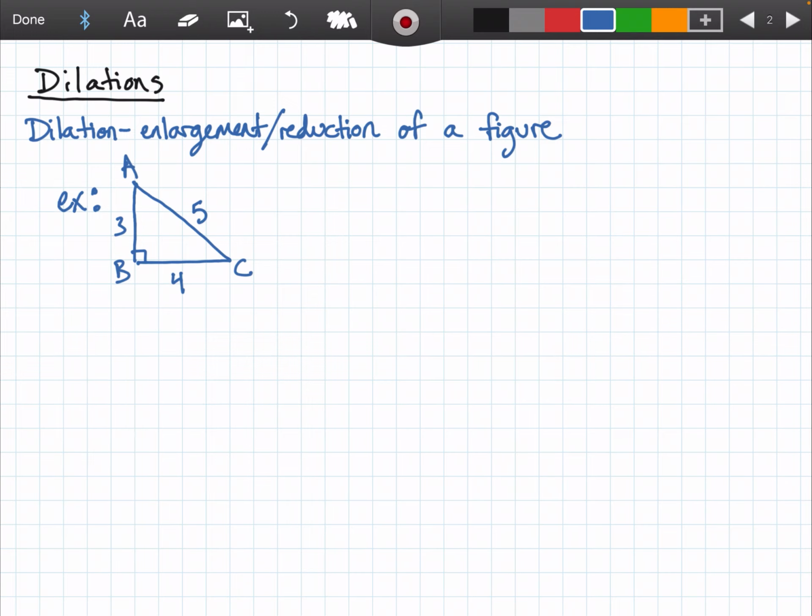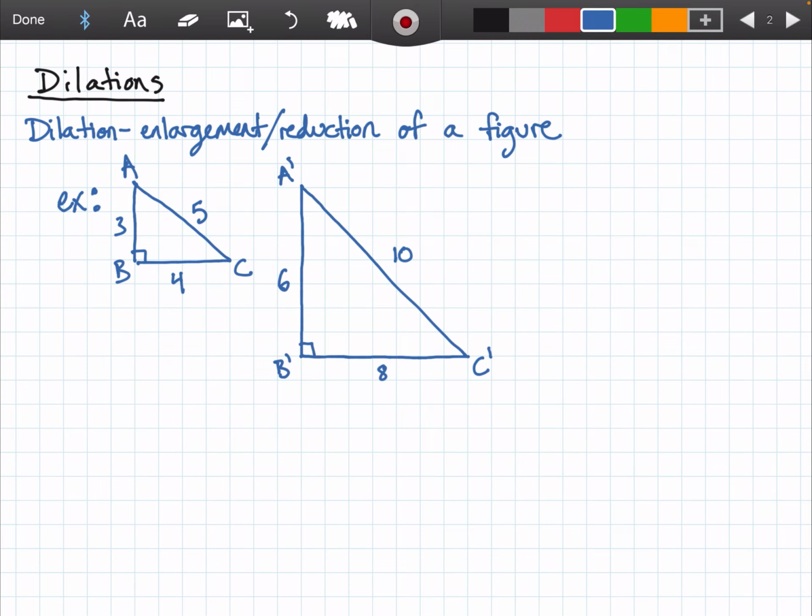Well, let's say, okay, I'm not going to make this to scale in the future, but I've already committed. Okay, 6, 8, 10. We're going to call this triangle A prime, B prime, C prime. That just means something has happened from ABC.